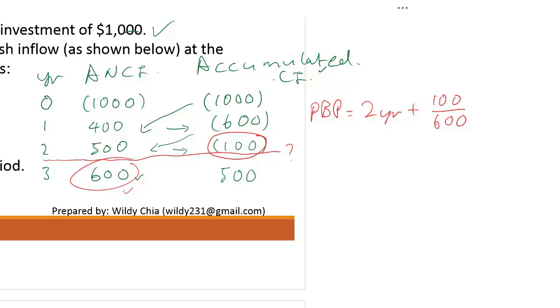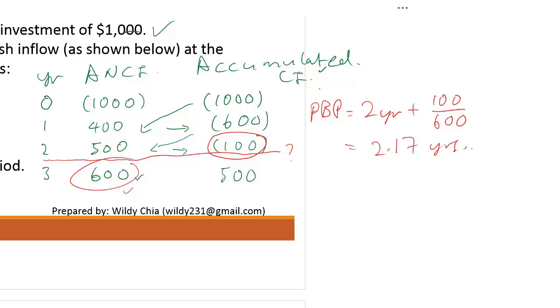Sum up these two. With your calculator, if you enter that, it will come out to be 2.17 years. So that's how you go about it.